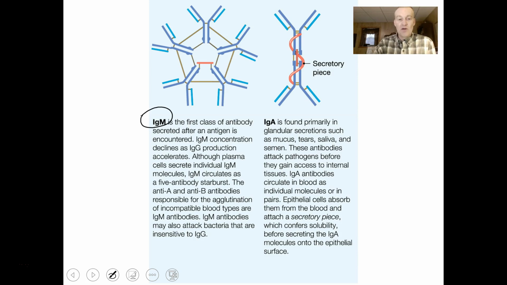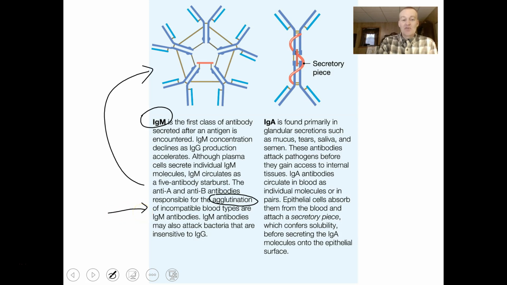It causes agglutination. It circulates as a five-antibody starburst, so it's very easy for it to stick to something and cause agglutination. Anti-A and anti-B antibodies are IgM class antibodies. So if you produce those antibodies, those are IgM.